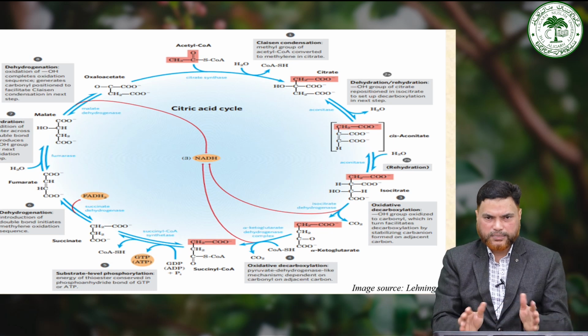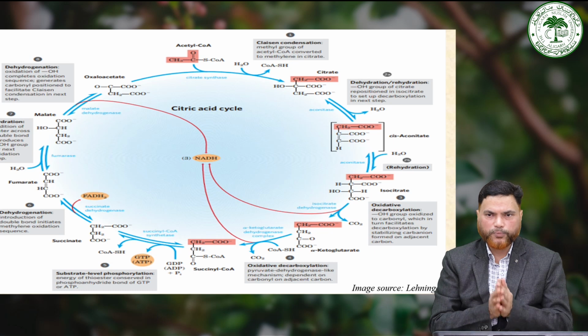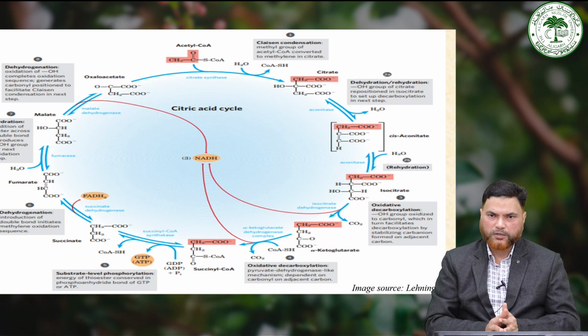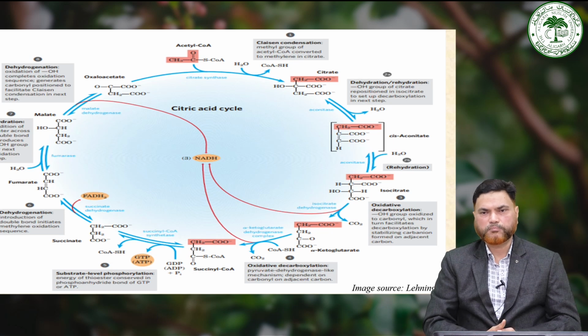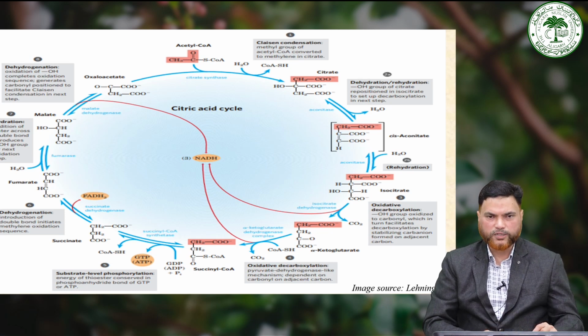Now this diagram shows a comprehensive overview of the 8 stages of the TCA cycle, with each step we have gone through in detail. It is a quick overview of the whole process in one go. This slide is very important.